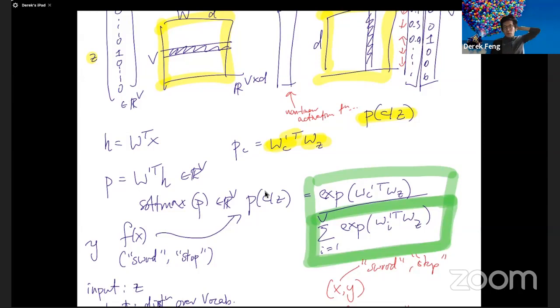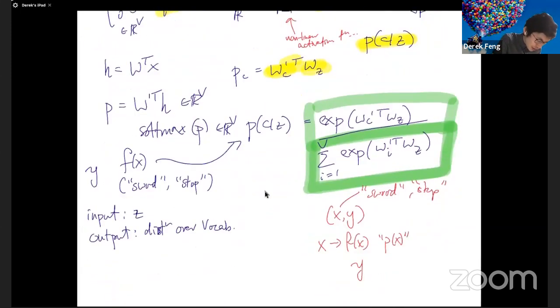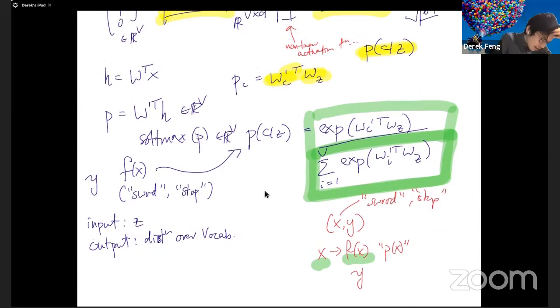Because in order to train your model for a particular x, you have to calculate f of x, right? Because I need to know what my existing model is, and I need to correct for it. But f of x is basically this, so then I need to calculate every expression in here. And so as a result, this is pretty ugly, right?